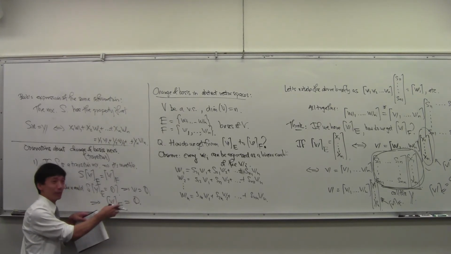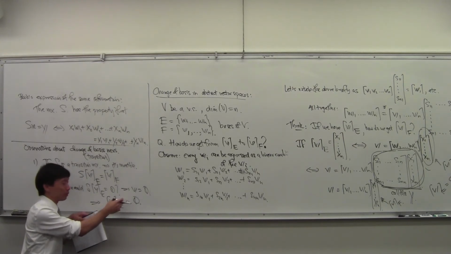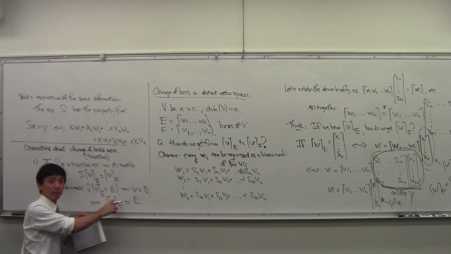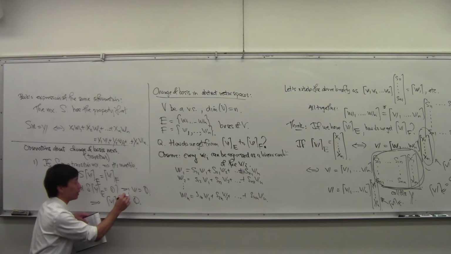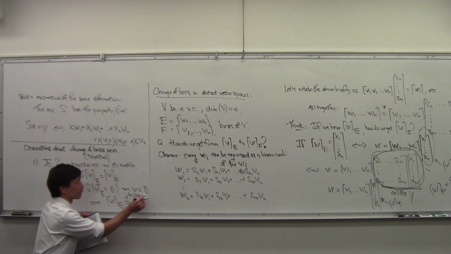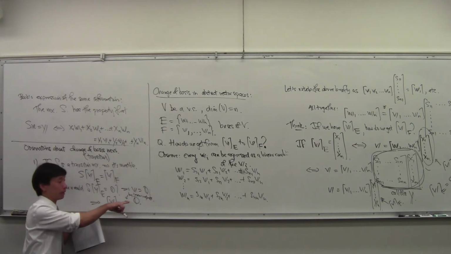The coordinate vector of the zero vector is going to be the zero vector, because of the linear independence of your bases. The only way you could get the zero vector is by taking 0 of the first guy and 0 of the second guy, etc. So by linear independence, this has to be equal to 0.